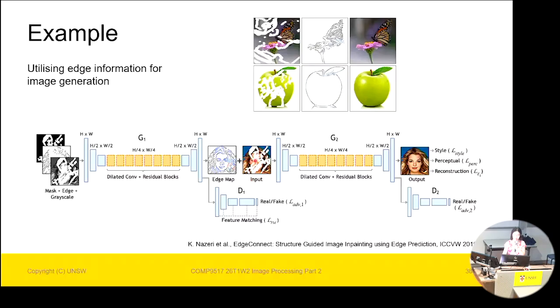In the middle, they are using this edge map as a ground truth to guide the image generation process. That's the contours of the important structures in the image, and in the output, they want to keep the contours but fill in the information in the smoother regions.